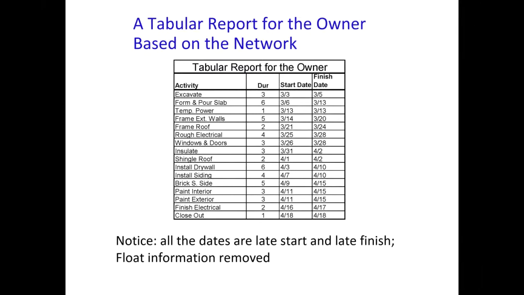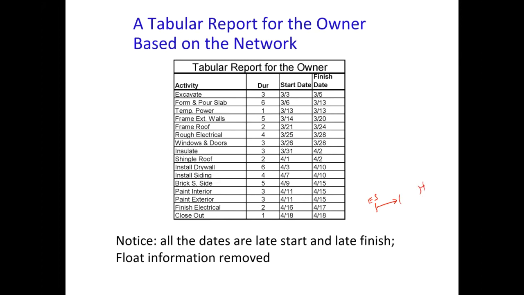Now, when we communicate with owners, the tendency is that we usually do not share the information based on the early start and the early finish times, because, for instance, if we fail to begin the work at the early start time, despite the fact that we still have the float, it will generate unnecessary stress.